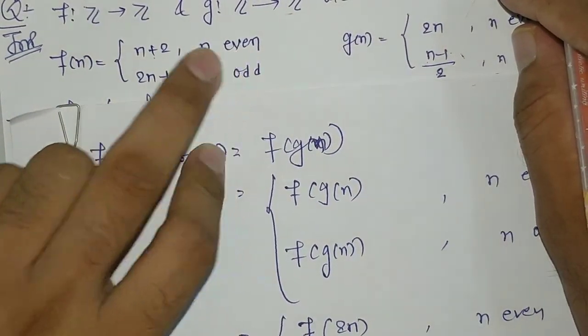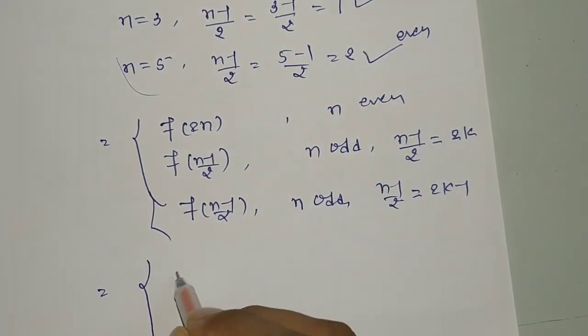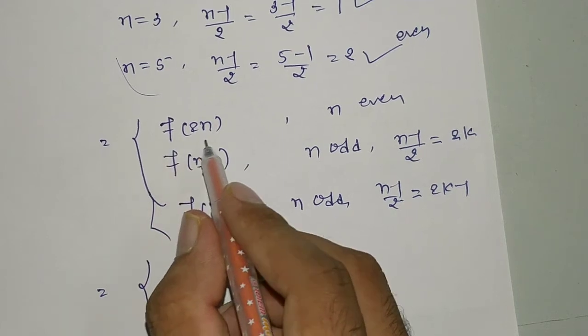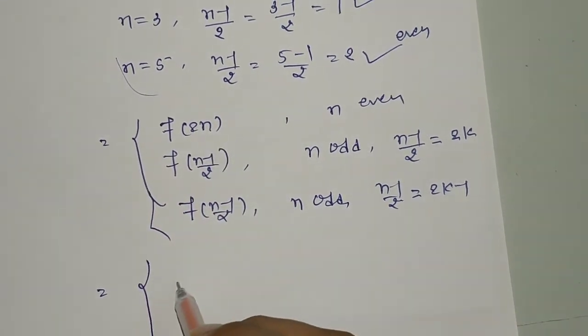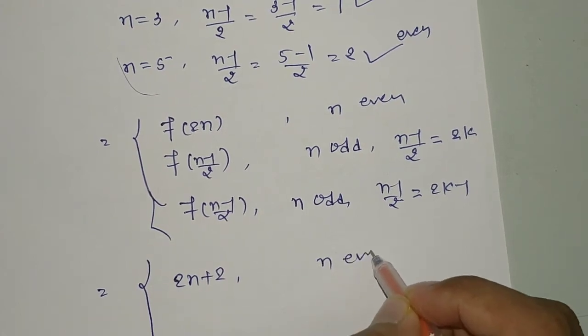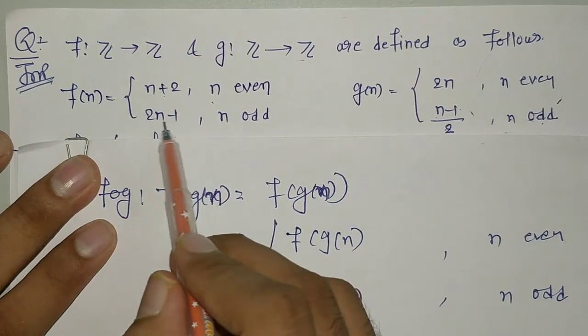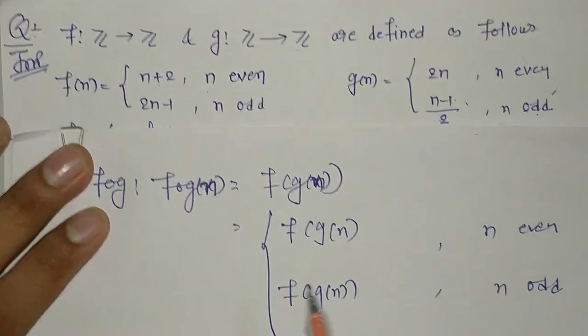If n is even, f is n plus 2, so we'll write this as f is n plus 2 when even, so we write 2n plus 2 where n is even. Now f is 2n minus 1 when n is odd.